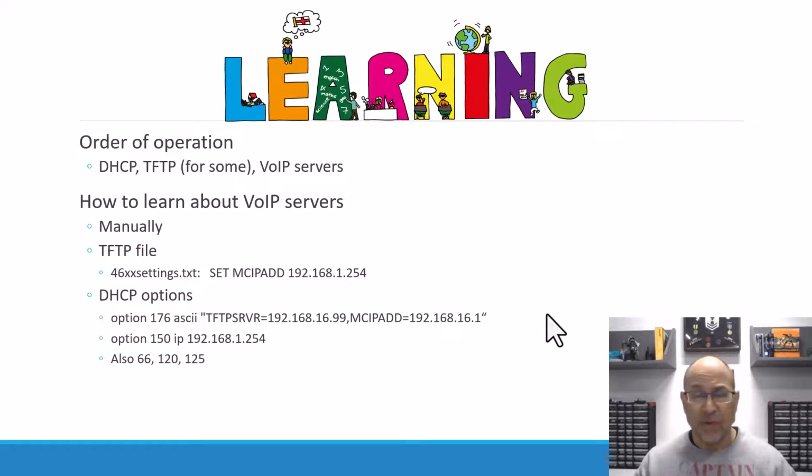If you're on Cisco, very commonly you're going to use option 150 for that, which is the TFTP option. But also, there are systems that use option 66, option 120, option 125 for these things. So if you've spent any time with DHCP, you know what options are. If you haven't, go look at the other DHCP videos that I did, and you'll see exactly what we're talking about. Okay, so that's our order of operations.